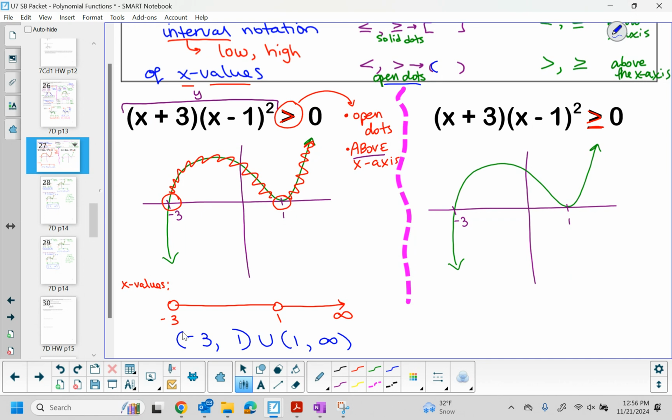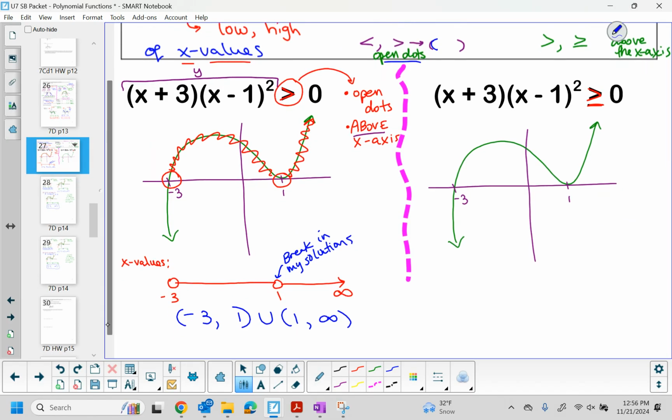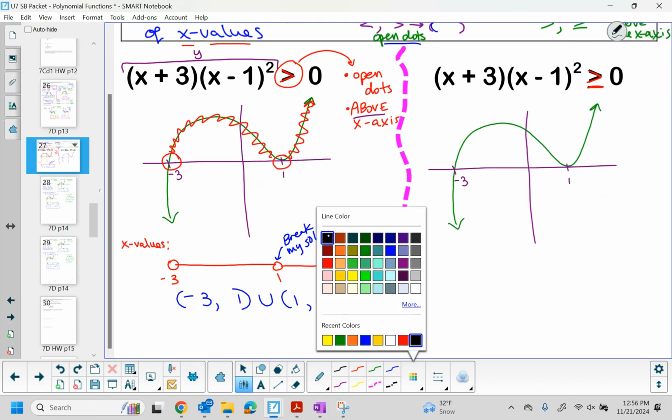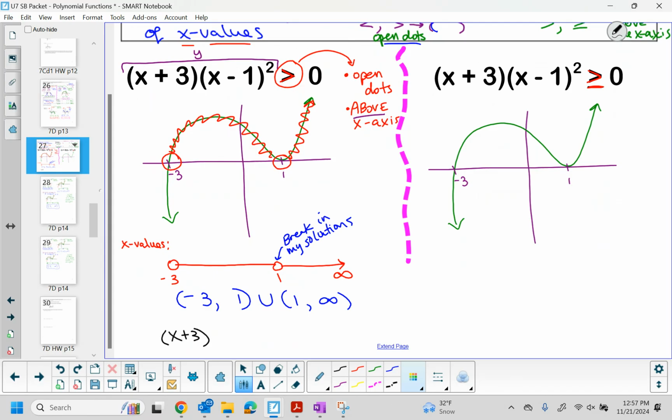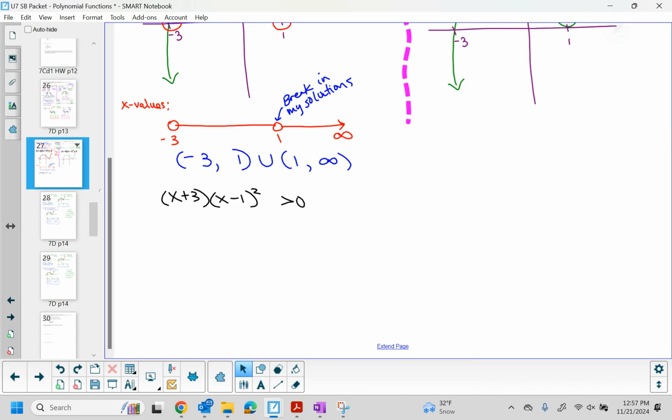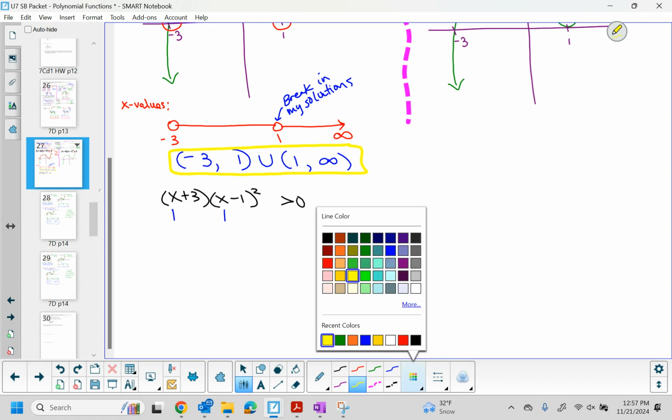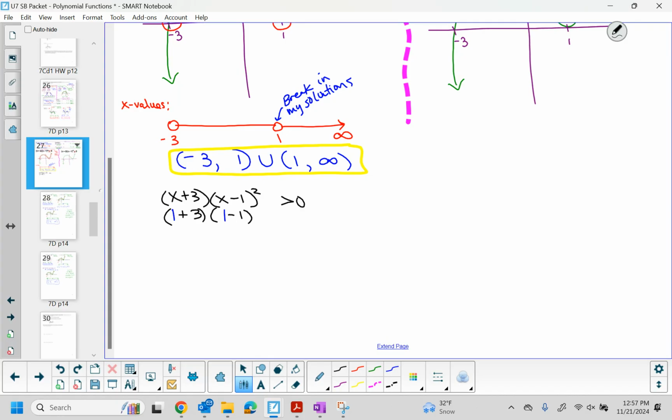The reason that it's two pieces is that I have a break in my solutions, because 1 does not work as an x value. If I were to take x plus 3 times x minus 1 squared greater than 0, and put a 1 in for x, because by the way, this is my final answer, what would happen is that I would get 1 plus 3 and 1 minus 1 squared. 1 plus 3 is 4. 1 minus 1 is 0.